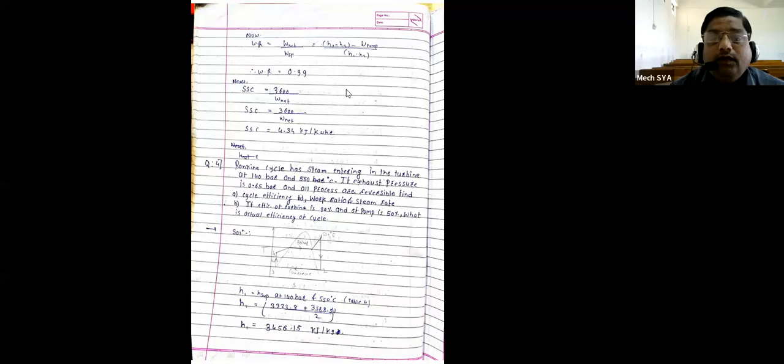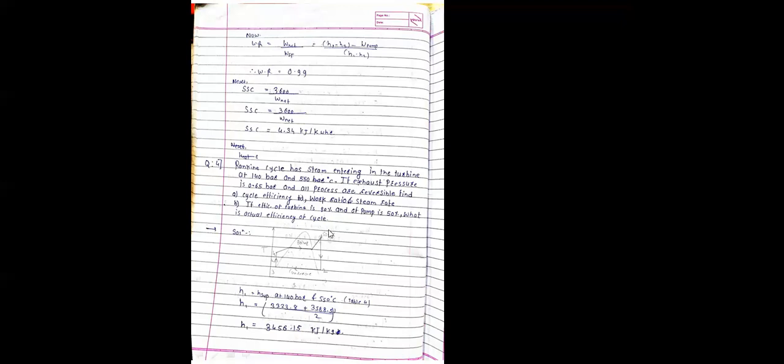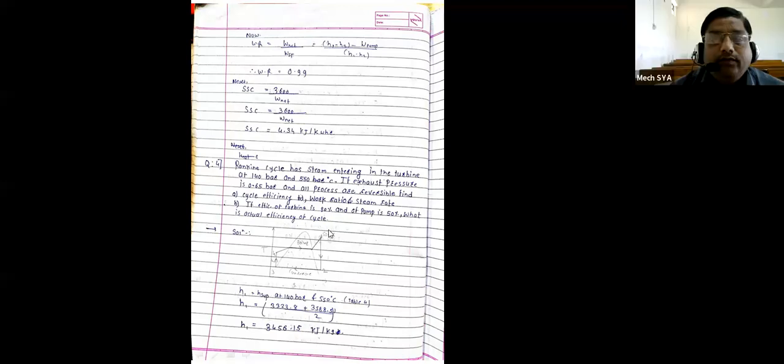Yes, okay. So Rankine cycle has steam entering the turbine at 140 bar and 550 degrees Celsius. If exhaust pressure is 0.65 bar and all processes are reversible, find cycle efficiency, work ratio, and steam rate. If efficiency of turbine is 80% and of pump is 50%, what is actual efficiency?